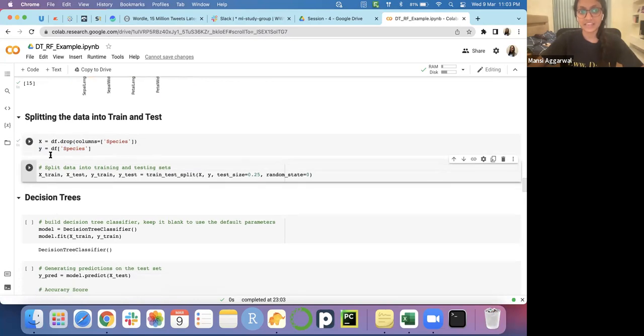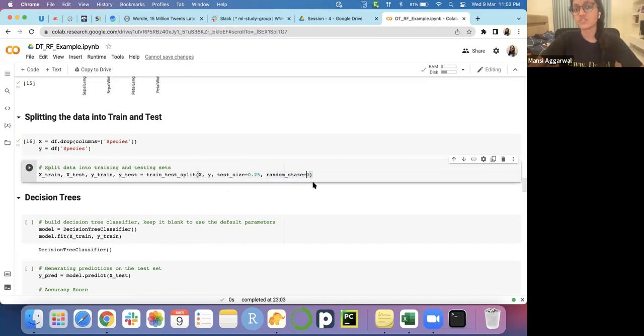Now we'll split the data for testing. We'll use train test split, where X is the feature and Y is the predictive variable. Test size is 25%, so the split is 75 and 25.